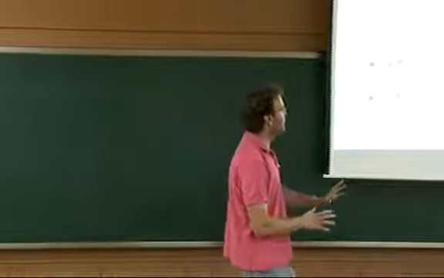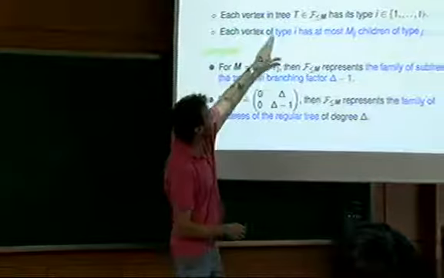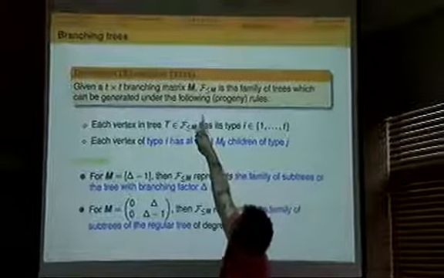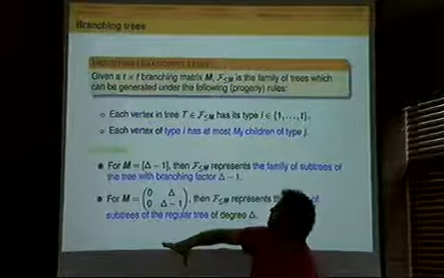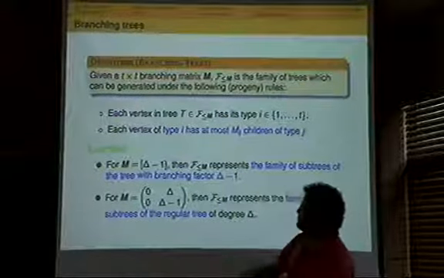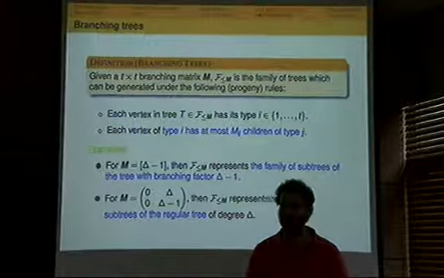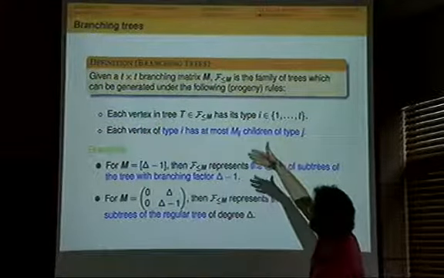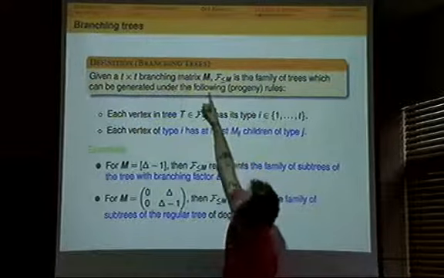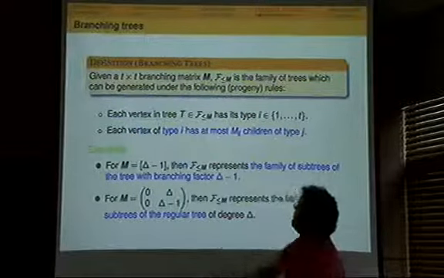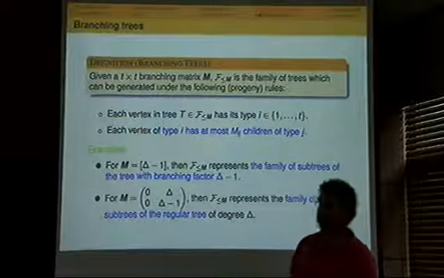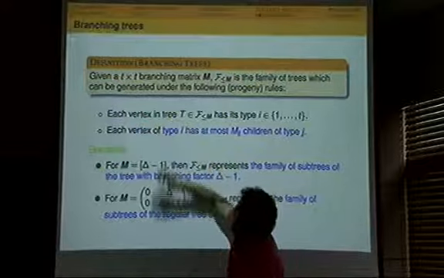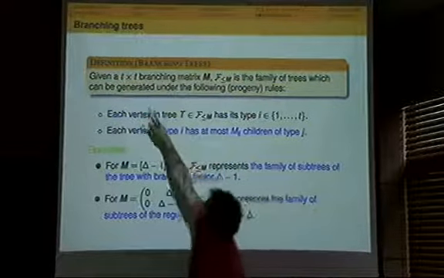But what we can define is a matrix M, which is going to describe the family of trees that we can generate, okay? So the family of trees generated by M, where M is a matrix with non-negative integer entries, okay? Now, it's a T by T matrix.